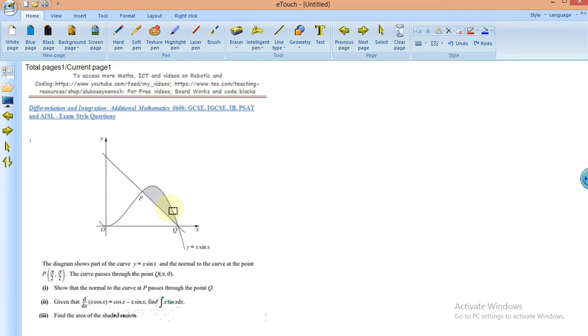Okay guys, to get started with this question, we have to show that the normal to the curve at P passes through point Q. To do that, let me just work with my art pen.